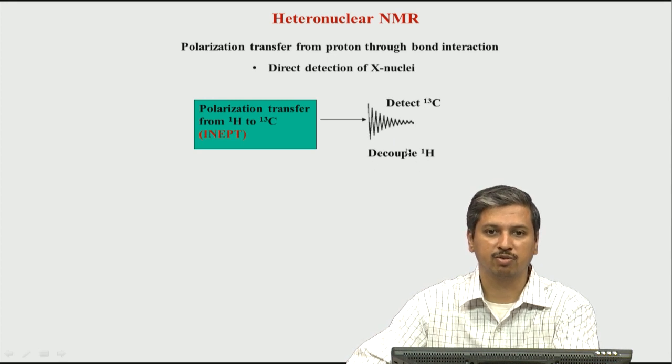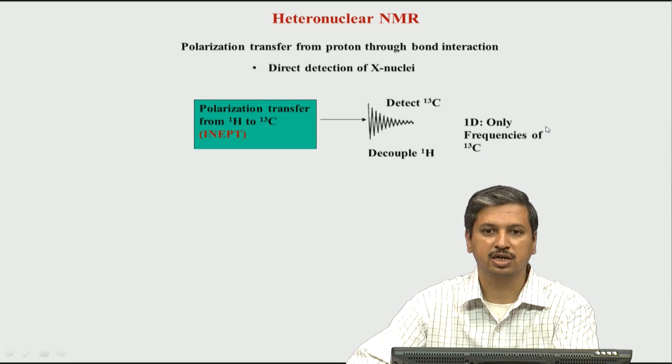That is why we decouple protons. Now, remember this only gives me 1D NMR information. This is not a 2D experiment right now, it is still a 1D experiment, but this 1D experiment is different from the 1D we saw in the earlier part of this course, where we looked at 1D proton and 1D carbon NMR.